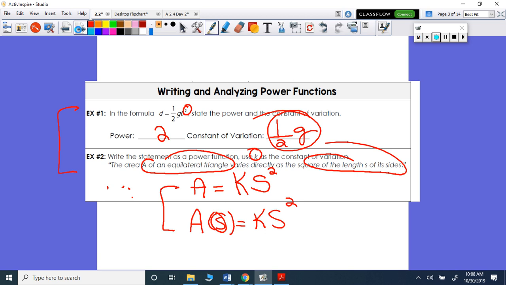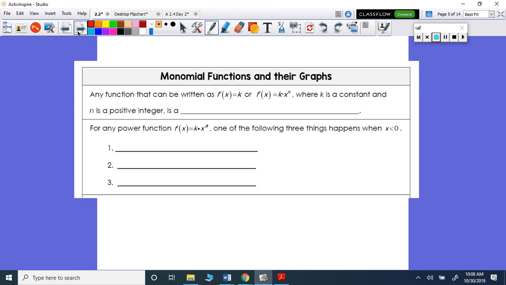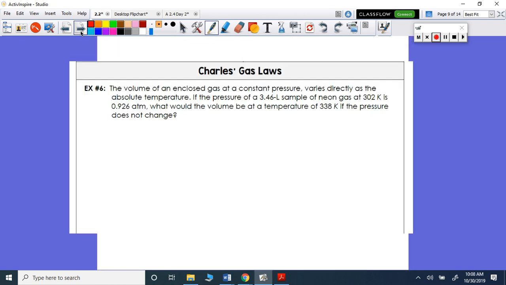We only have 5 minutes left. I'm going to skip all the graphing parts and get to this. The graphing parts are common sense, but we will take care of a lot of those in warm-ups. But the last 3 problems of your homework are real life scenarios.